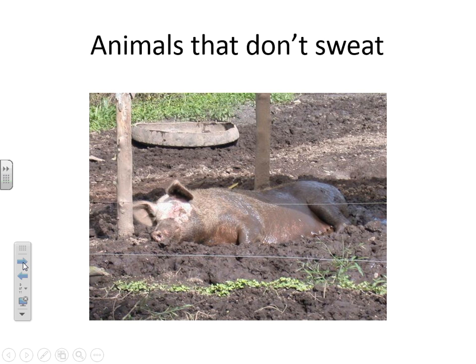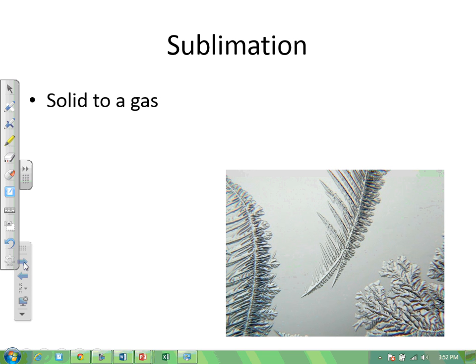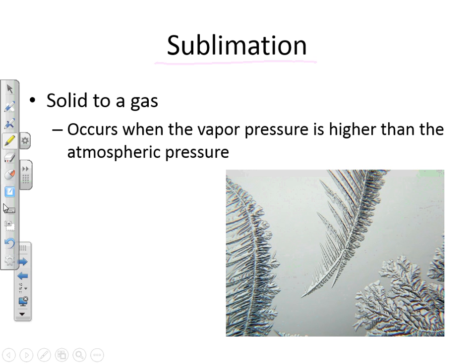Now sometimes you have a solid that evaporates, and that's termed sublimation. And sublimation is when your solid turns directly to a gas, and there is no liquid phase. The reason for it occurring is when the vapor pressure is higher than the atmospheric pressure.